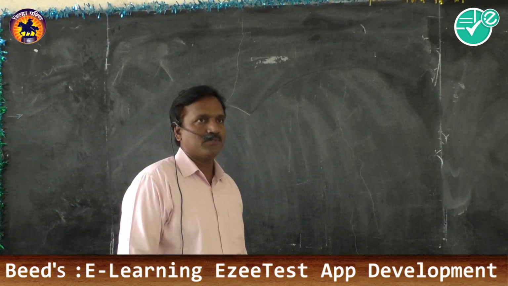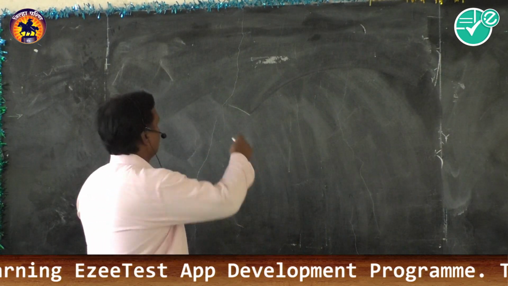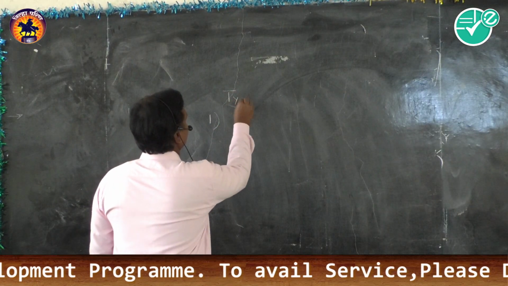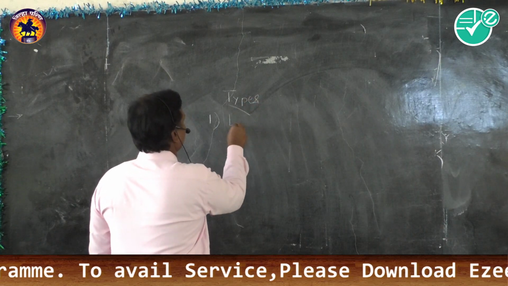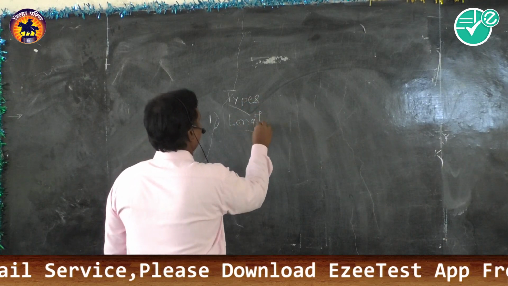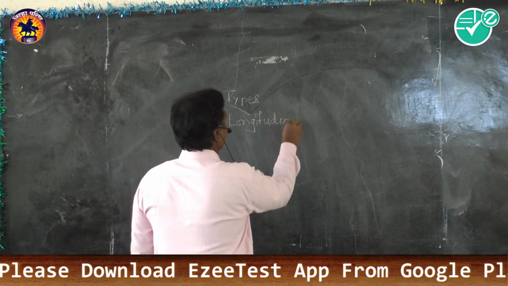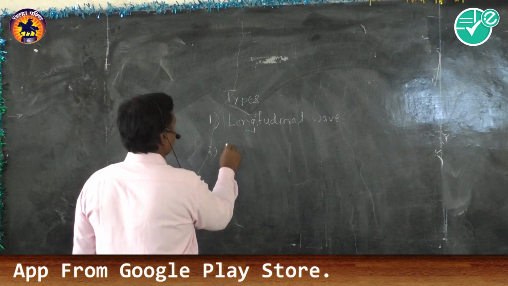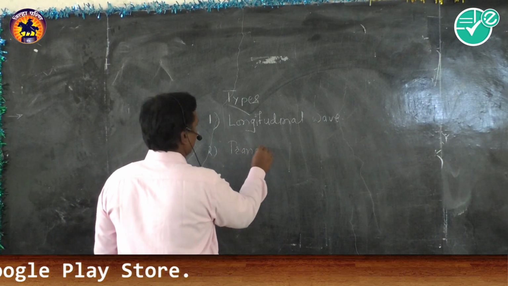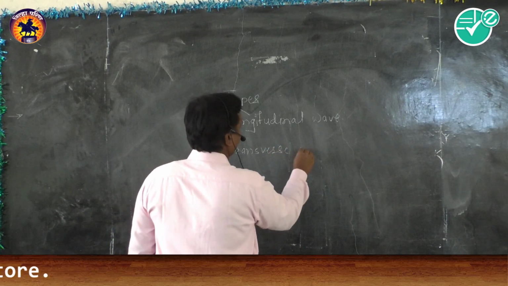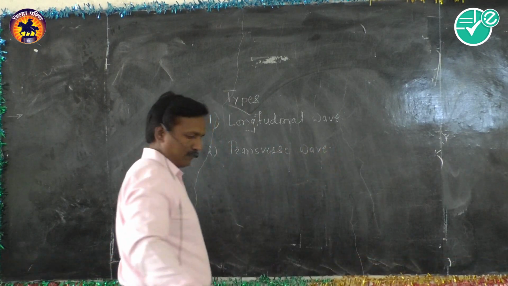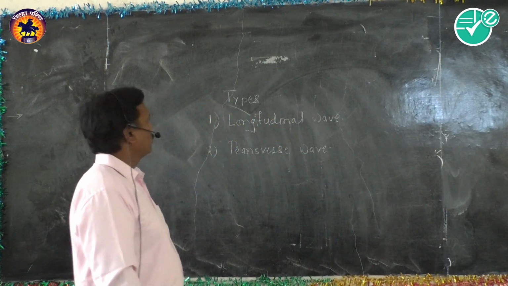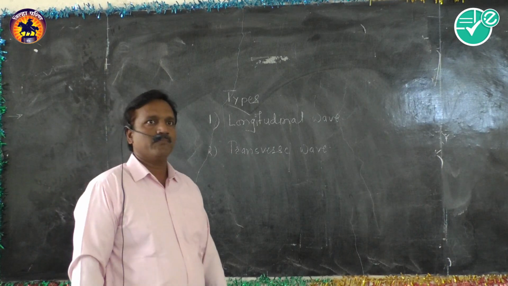Now we know that waves possess two types: longitudinal wave and transverse wave.